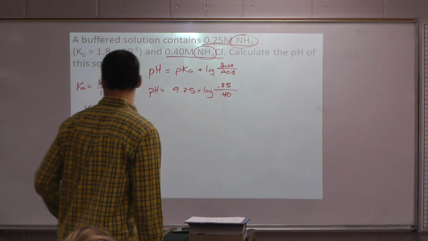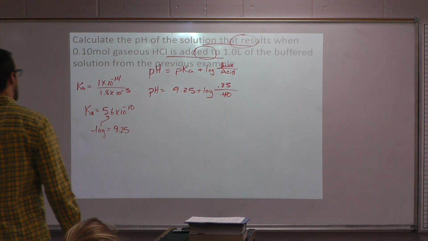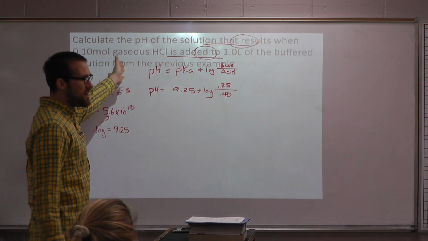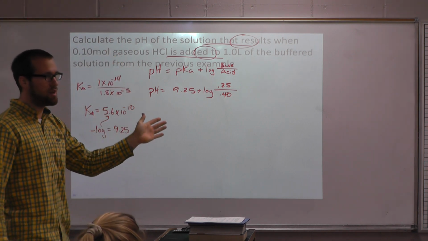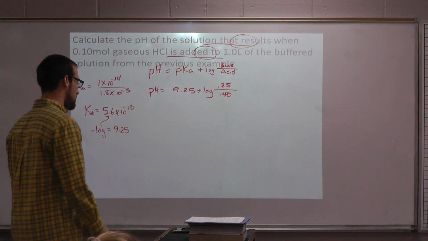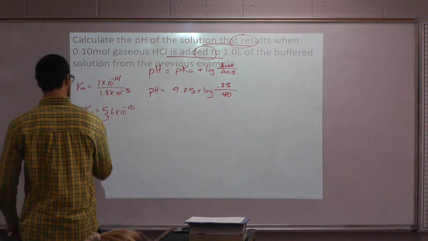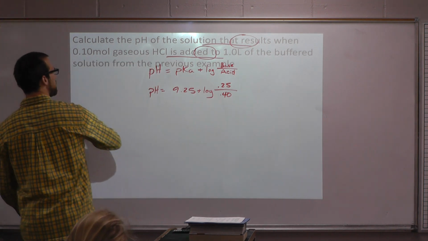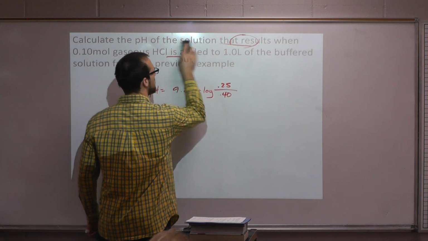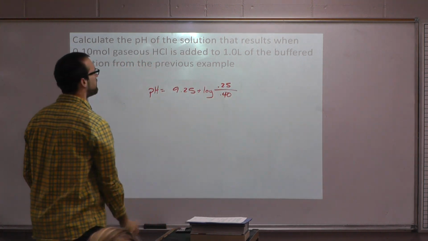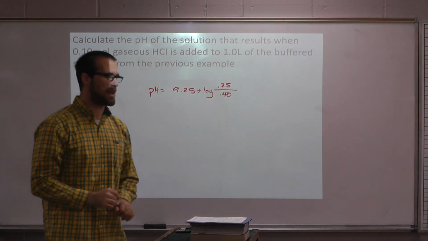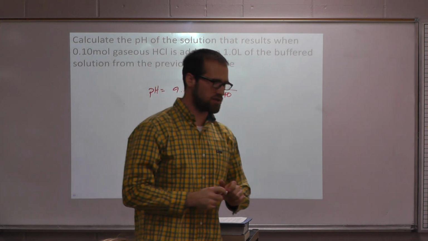Okay? Now, this is what we're doing here is going to lead us into doing titration problems, which are coming up soon. Same problem, except now we're adding what to the buffer solution?